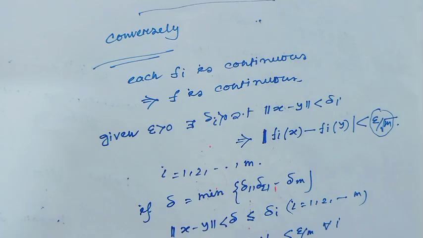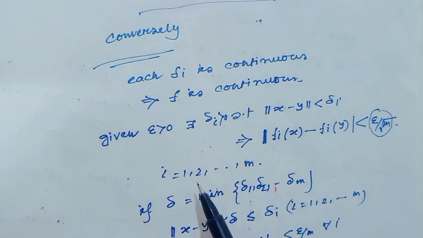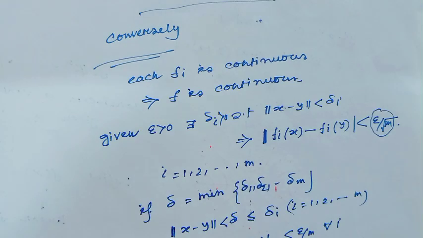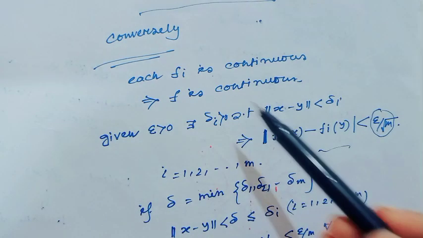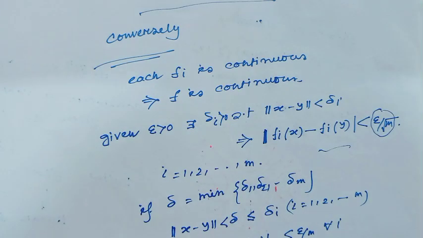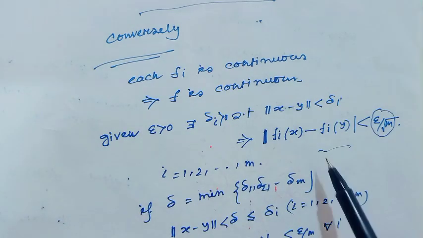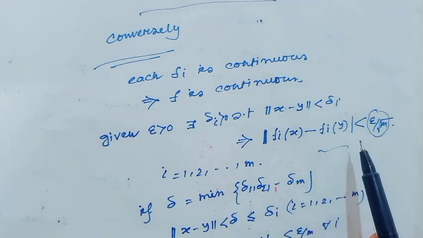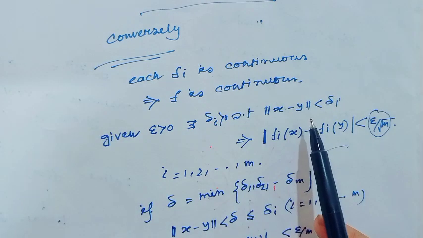I have considered epsilon over square root of m because a few minutes later you will understand this in a better way. Here i equals 1 to m, and this relation is true because each fi is continuous, and for each fi I will get a different delta i.